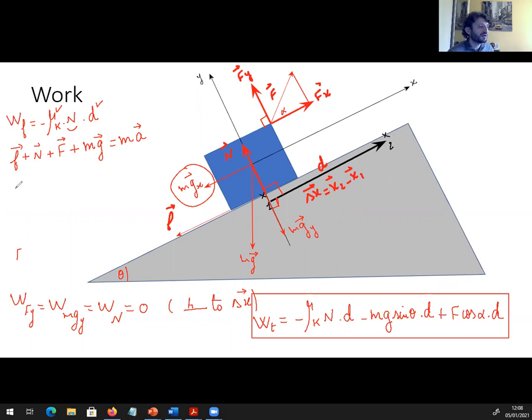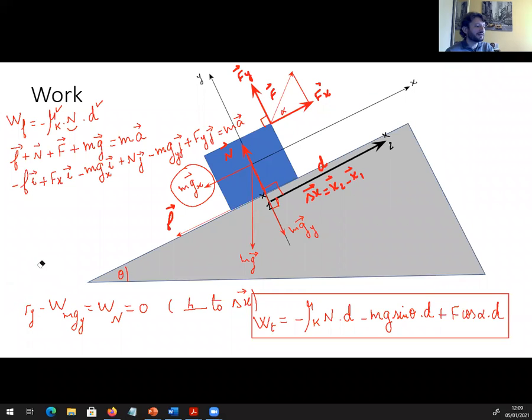Here we have f in the negative i direction, fx in the positive i direction, mgx in the negative i direction, n in the positive direction, mgy in the negative direction, and fy in the positive j direction, equals ma.